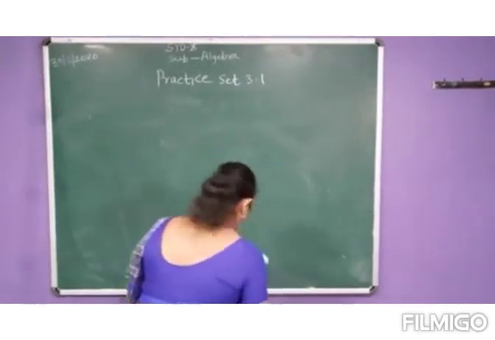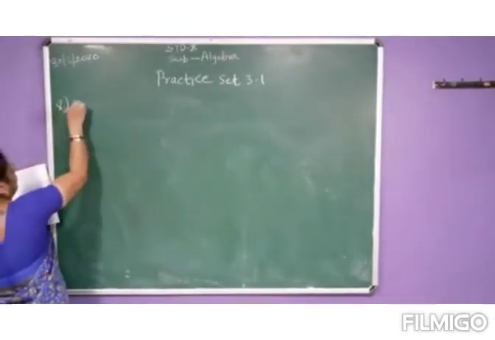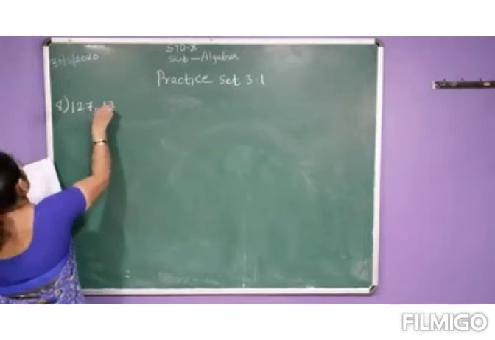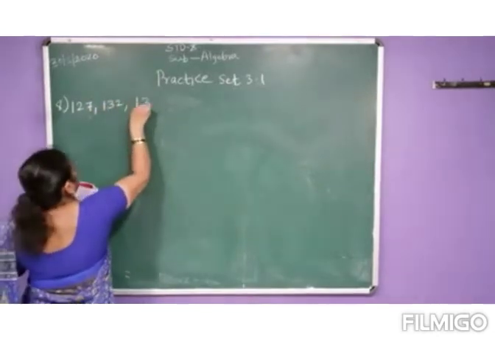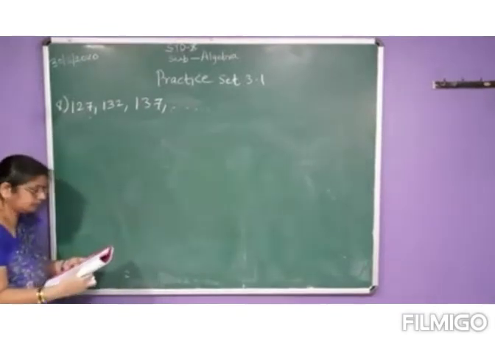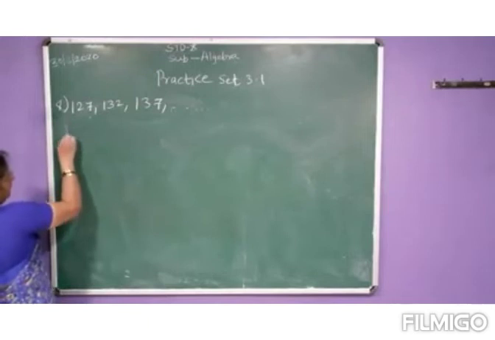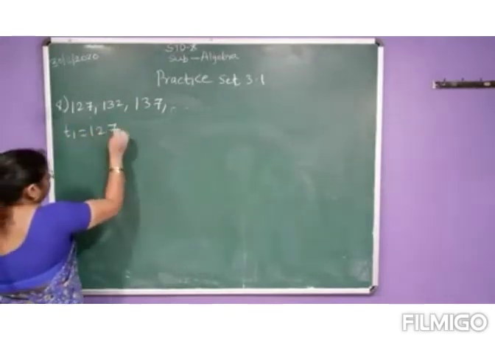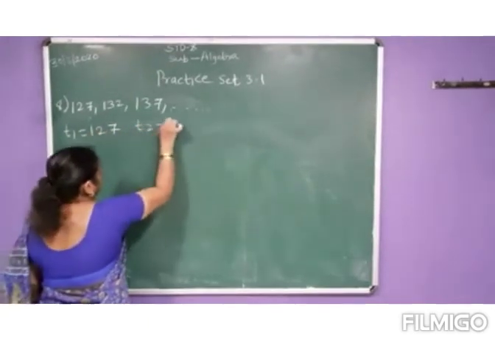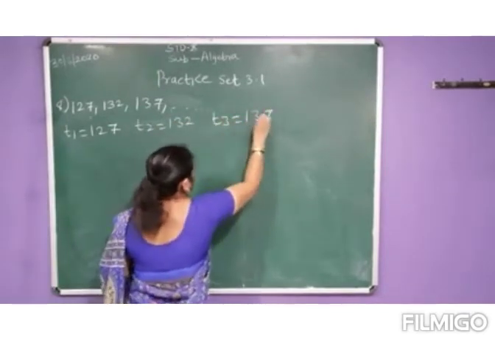Now, we will go to the last sum of this exercise, the last sum of this first question, that is the 8th one: 127, 132, 137. Now here T1 is equal to 127, T2 is 132, T3 is 137.